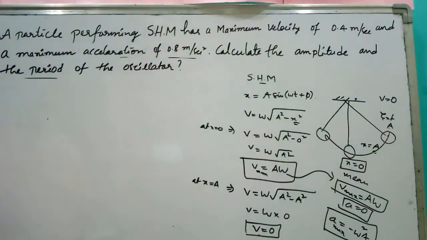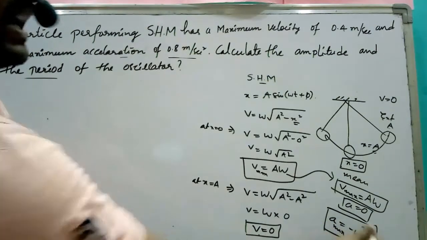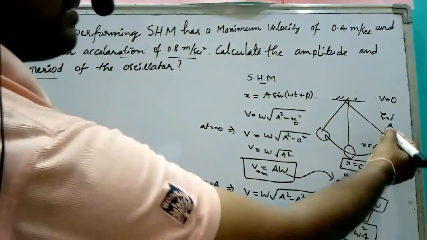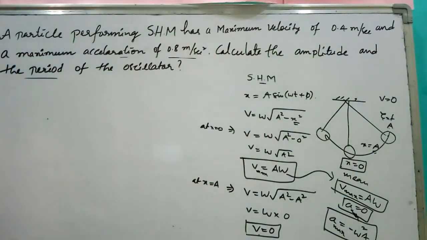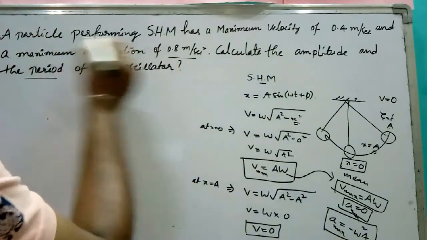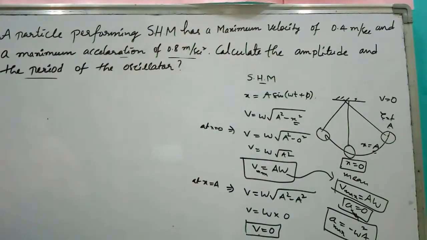So a maximum equal to minus omega square a, and the minimum value is 0. These are the formulas. Now we solve this problem.